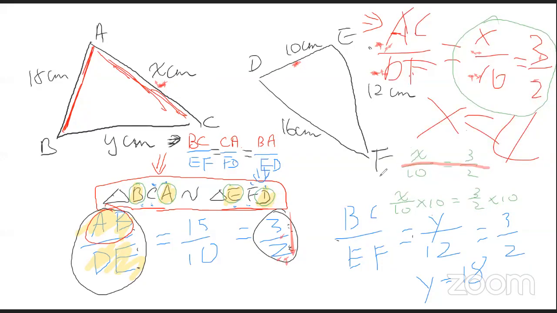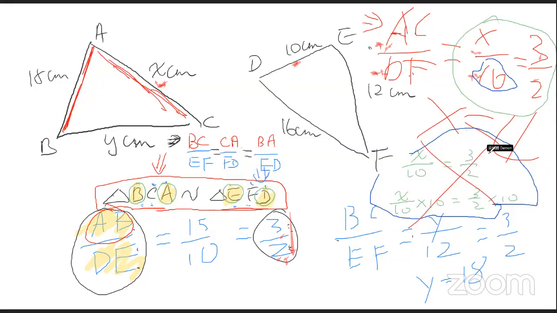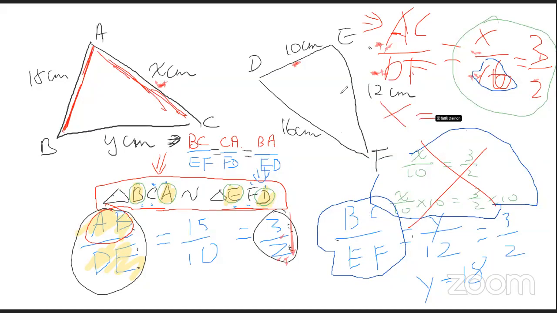This part, because just now I saw this one as 10. It should be 16. Yes, this is not correct. You are correct, 24. Same for this one: we use BC, which should come from the triangle on the left, and then define the corresponding length of the triangle on the right.